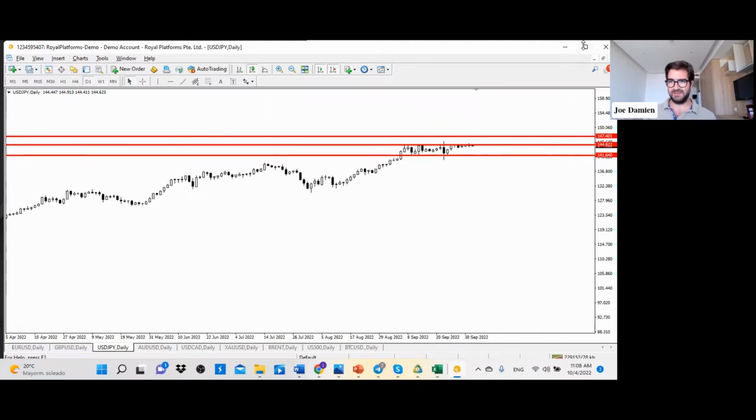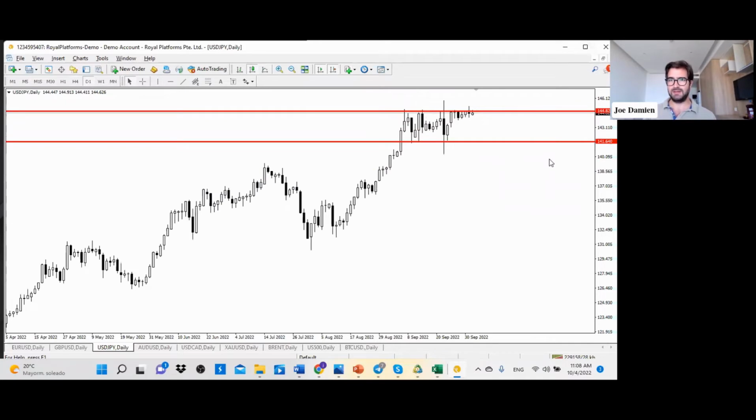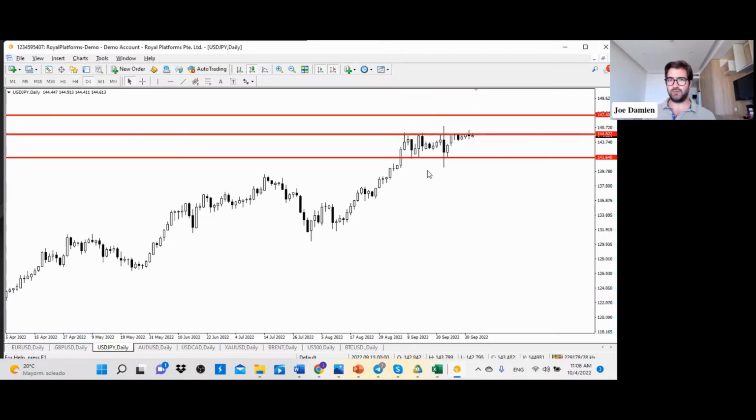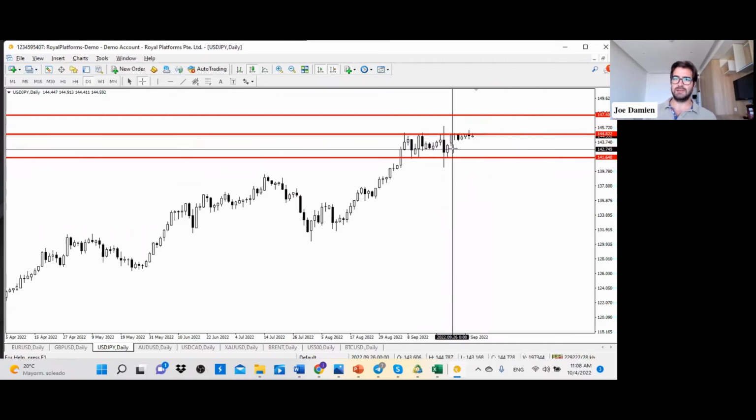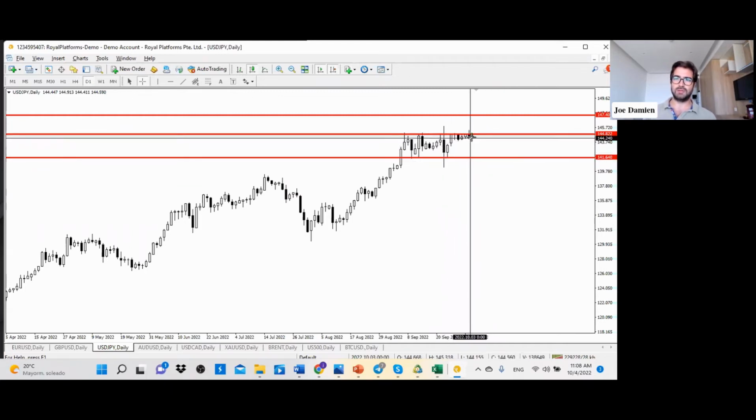Looking at the daily time frame, the market here is in a kind of consolidation, or inside a range made of this support at 141 and 144 as a resistance. The market is bouncing inside it, but recently we can see that the market is posting higher lows, higher lows.